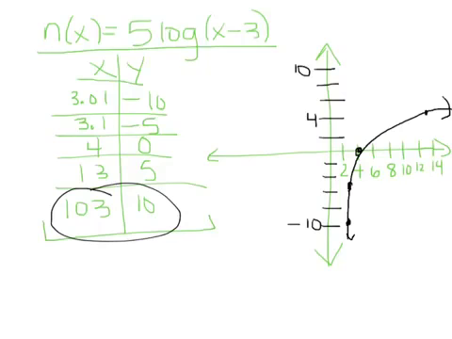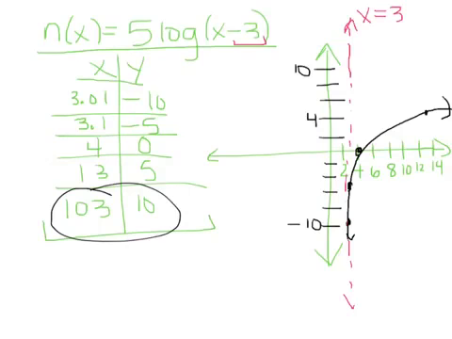Now, one thing you'll notice in this graph is it seems to cut off at like x equals 3. Well, that's because on a normal log function, the y-axis is our vertical asymptote. And when we shift this graph 3 to the right, our vertical asymptote actually shifts 3 to the right as well. So for this function right here, and I didn't sketch it super accurate, but our vertical asymptote would be at x equals 3.